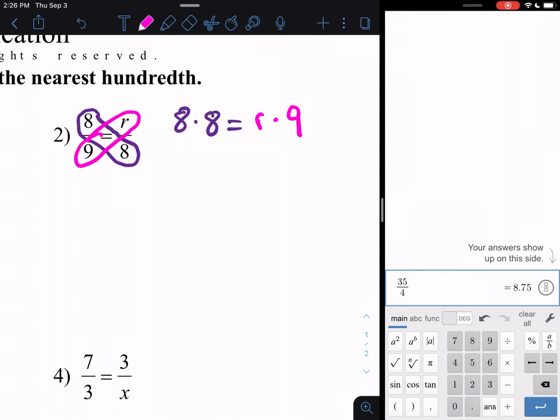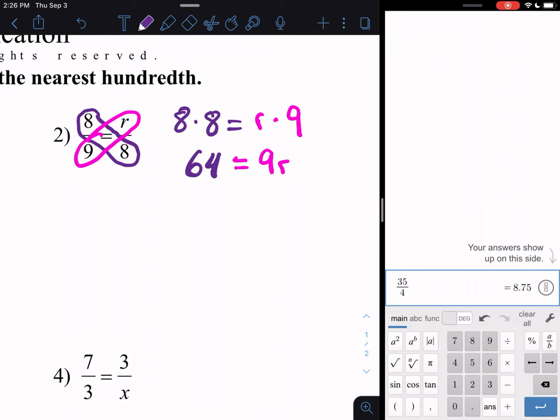So then I'm just going to clean this up a little bit. So R times 9, normally you write the number before the letter in math, and so this could also just be 9R. It's the same thing as R times 9 because multiplication, the order doesn't matter. And then 8 times 8 is 64.